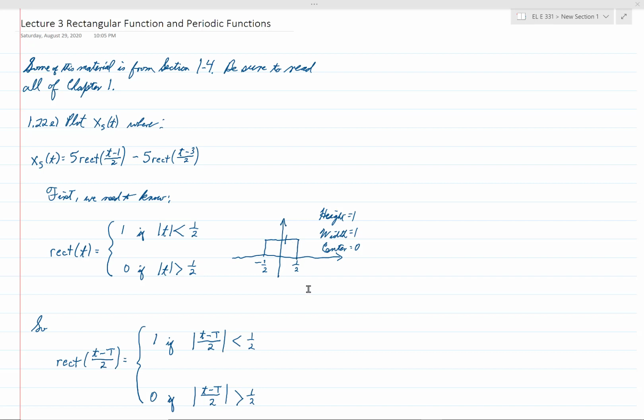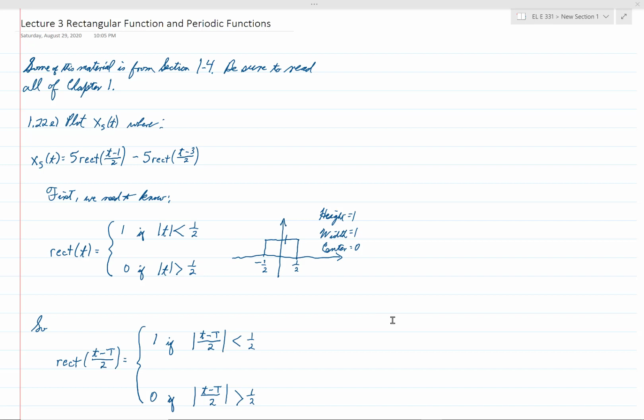And notice that the area under the rectangle is 1 because the width is equal to 1 and the height is equal to 1. And also the center is at t equals 0. This horizontal axis is the t-axis.